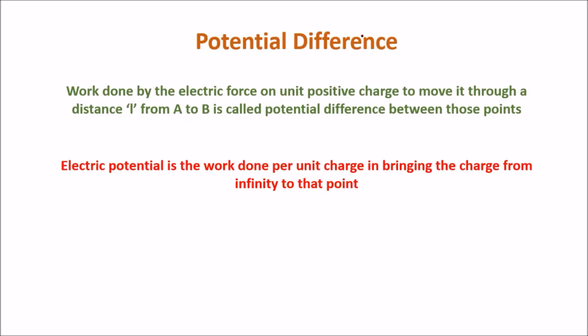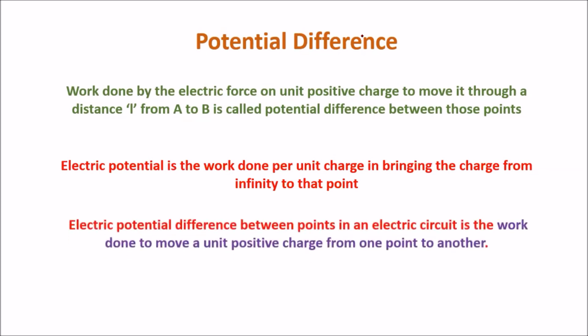Consider a charge which is at infinity. If you want to bring that charge from infinity to the particular point, force should be applied, and the electron should move. That is nothing but work, potential difference. So the electric potential difference between 2 points in an electric circuit is the work done to move a unit positive charge from one point to another. That is the definition. If they ask what is meant by potential difference, you can write any of these.